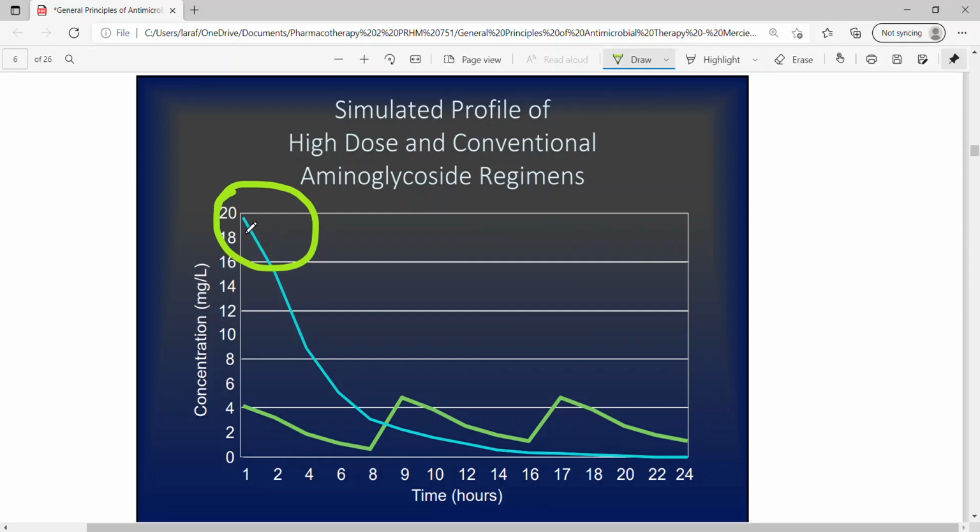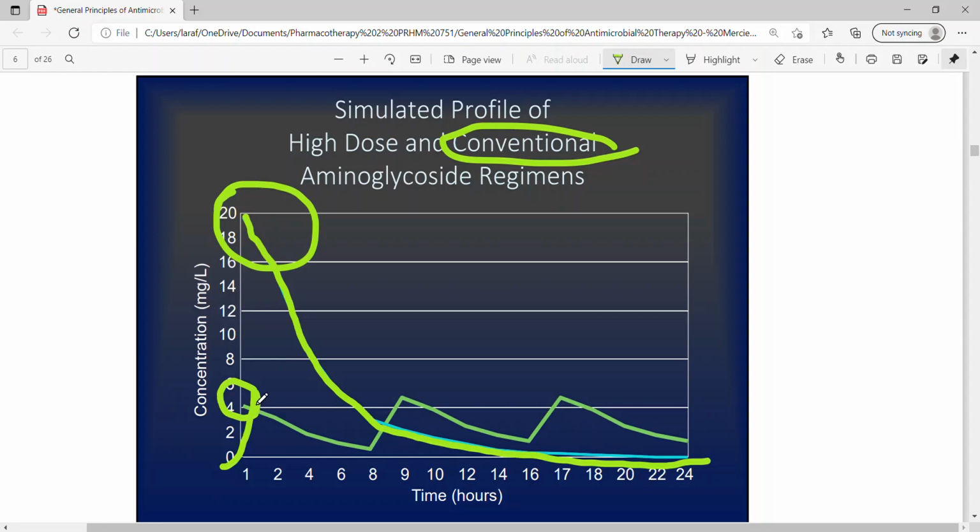And then as time goes on, this is in hours, see how it's gonna go down, and eventually it's gonna go down to 0 over days. And when you give the traditional dosing or conventional dosing here, what you do is you give one dose, a lower dose, but one dose, and the concentration goes up in the body, and then it goes down gradually.